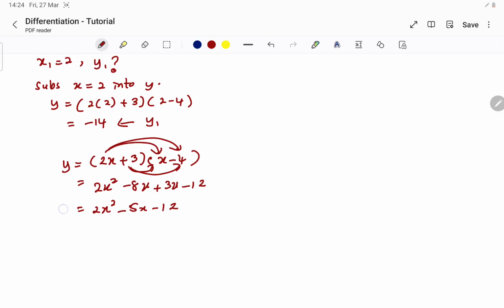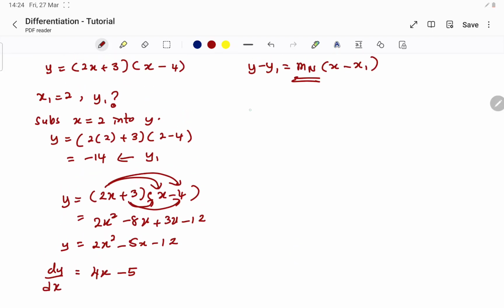So this is your y. Then differentiate, dy/dx, you're going to get 4x minus 5, and minus 12 when we differentiate becomes 0. So this is your dy/dx, and then substitute x equal to 2. So dy/dx is equal to 4 multiplied by 2 minus 5, you get 3. So your mt is equal to 3 right now.